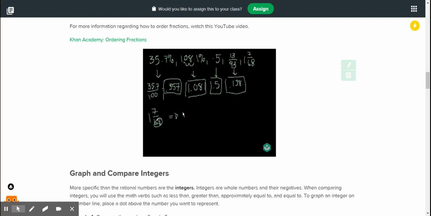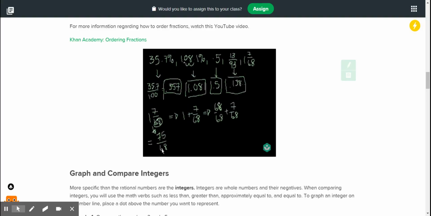Because 1 and 7/68 is the same thing as 1 plus 7/68, and that's the same thing, as you know from the fractions module, as 68/68 plus 7/68. 68 plus 7 is 75/68. So 1 and 7/68 is equal to 75/68.